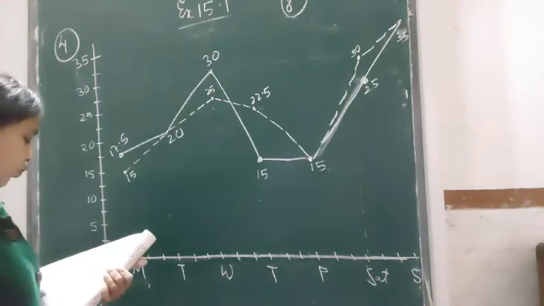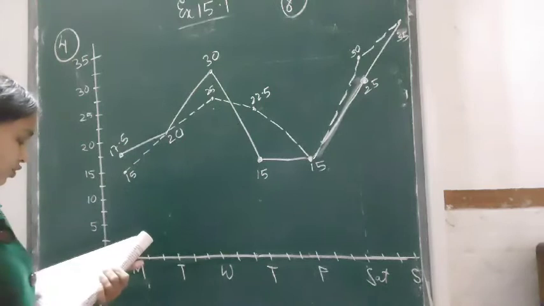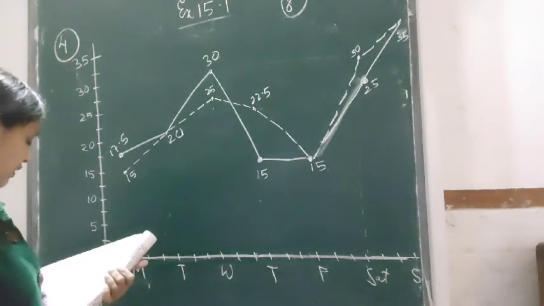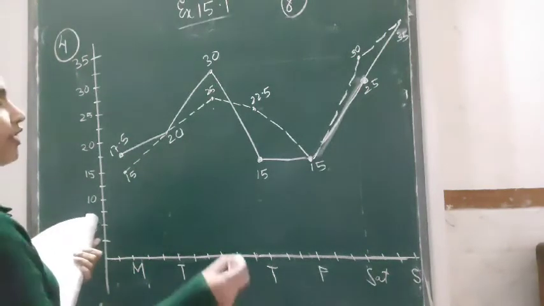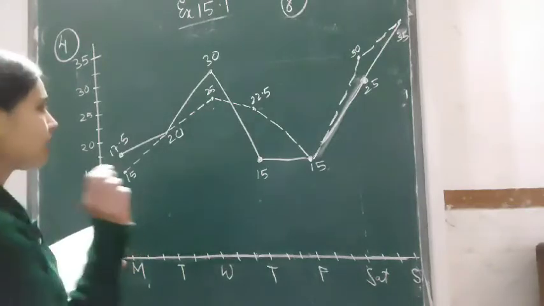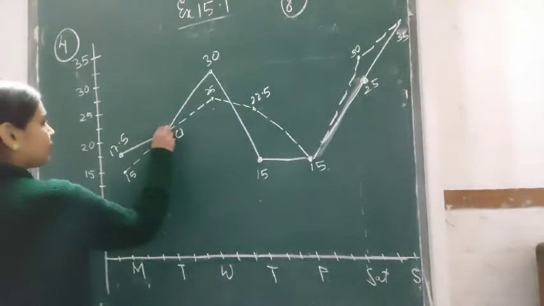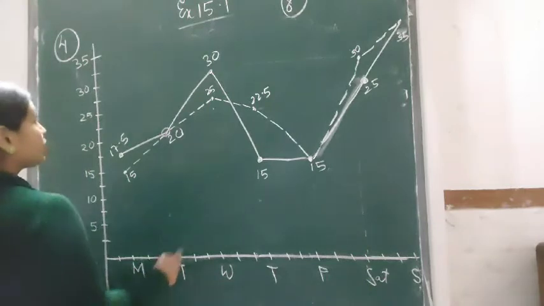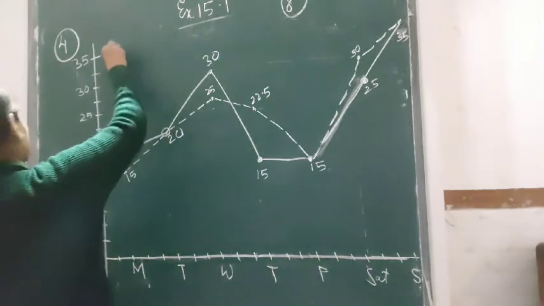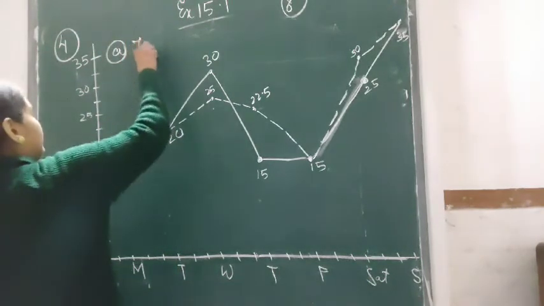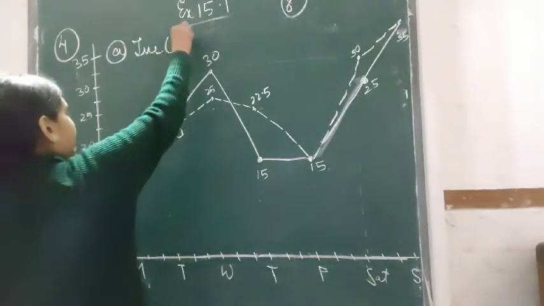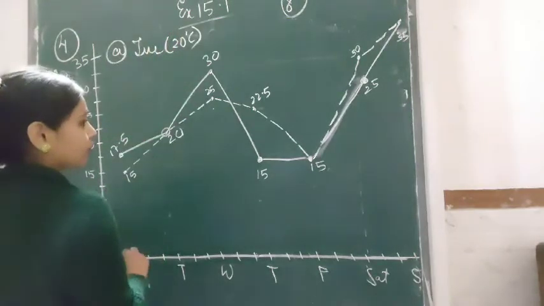On which days was the forecast temperature the same as the actual temperature? That means where both the lines are meeting. Both the lines are meeting here. That is on Tuesday, 20 degrees Celsius. Then where the two lines are meeting?